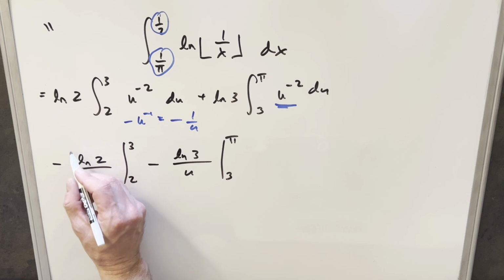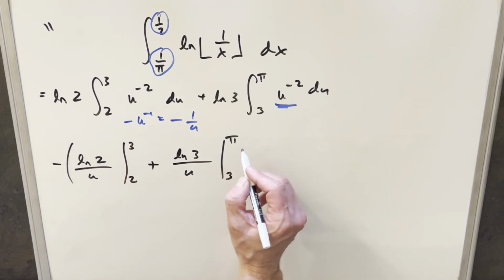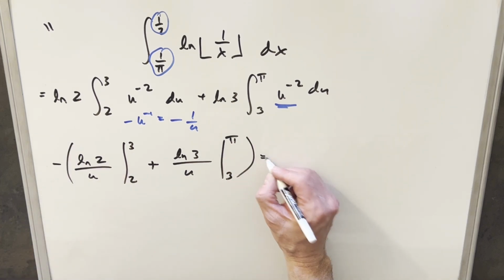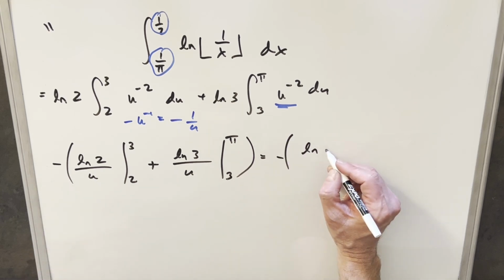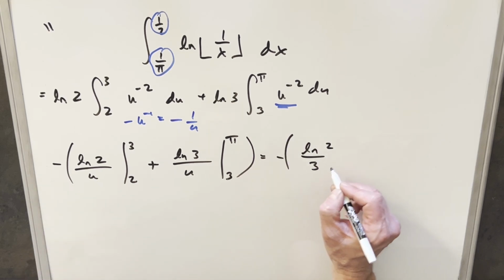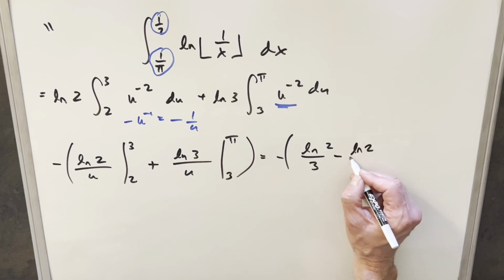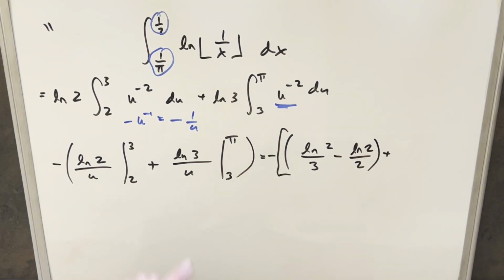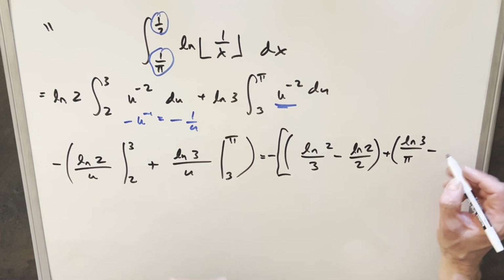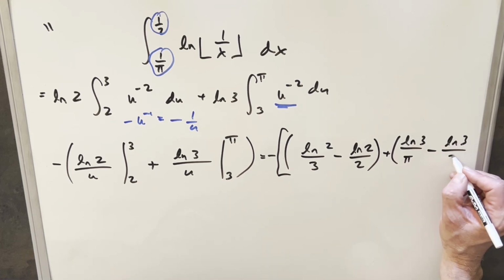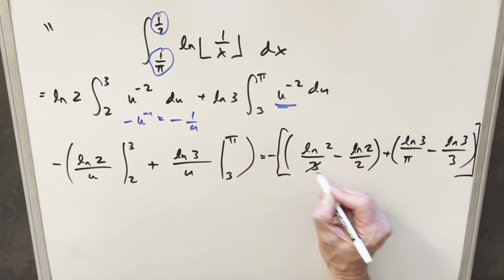And I think what I'll do is just factor these minus signs outside of everything here, so we can try to simplify this, and then we'll plug in. So for this first integral, we're going to have natural log 2 over 3 minus natural log 2 over 2. Then for our second integral here, this is going to become ln 3 over pi minus ln 3 over 3. Then I just need to simplify. Let's get a common denominator here.